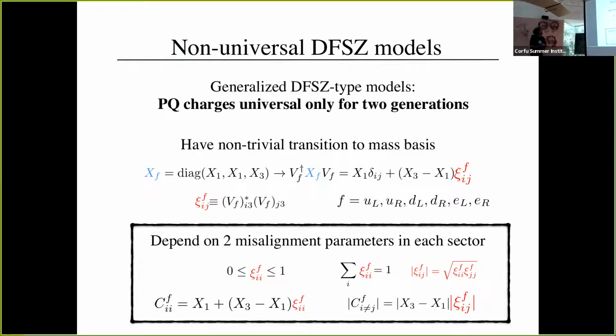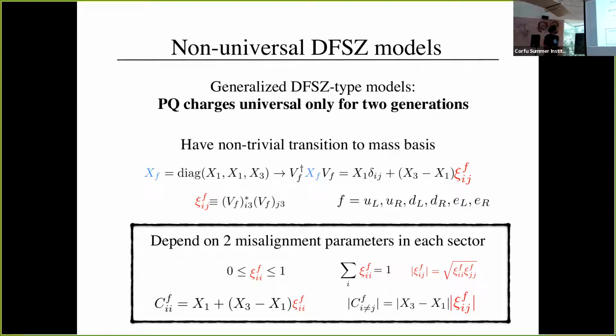the matrix. If this is the matrix of PQ charges in the flavor basis, then when you go to the mass basis, you get some off-diagonal terms that are governed by the size of the rotations transforming the flavor basis to the mass basis, and this is present for each sector, both lepton and quark.